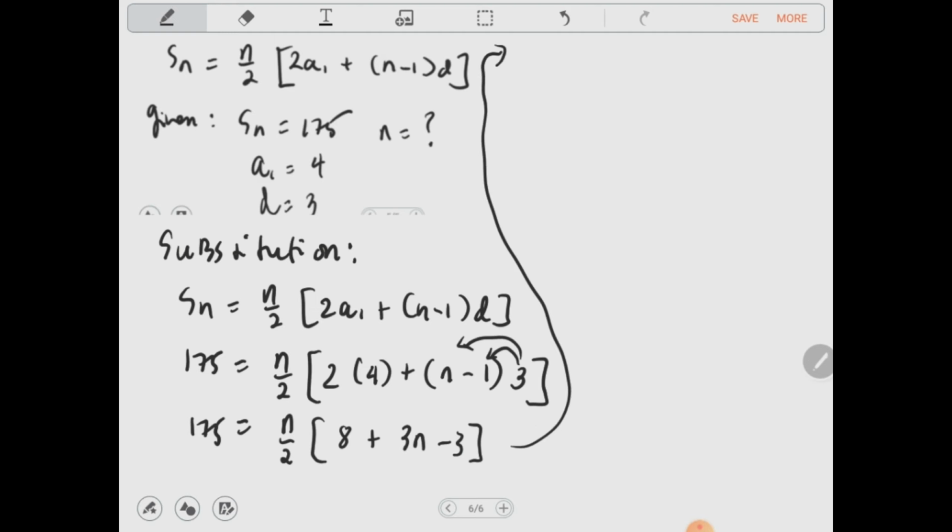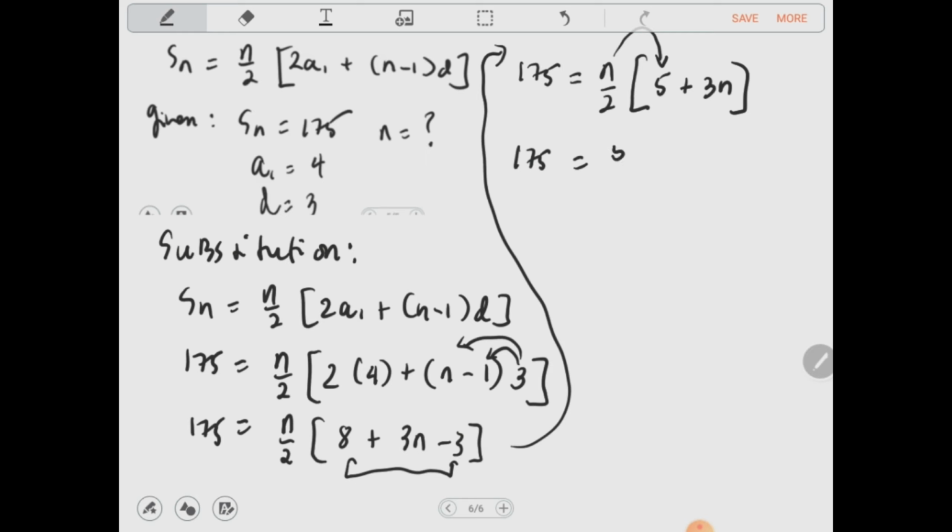But we can combine 8 minus 3. So it becomes 5 plus 3n. So this time we are going to distribute now the n over 2 to 5 and 3n. So multiplying n over 2 times 5, we have 5n over 2, plus distributing n over 2 times 3n, we have 3n squared over 2.